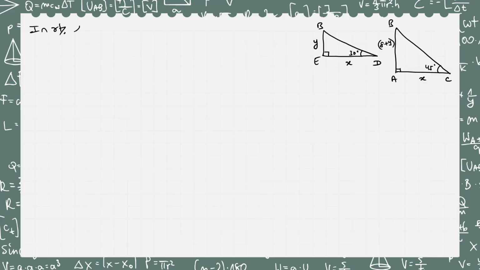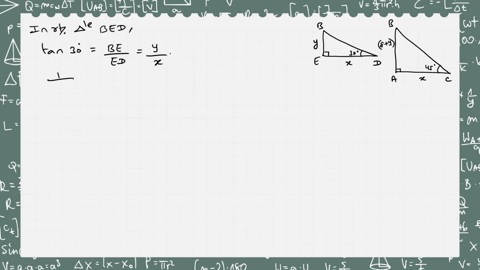In right triangle BED, I am going to apply tan only, because here also perpendicular and base are under discussion. So tan 30 degrees equals perpendicular, which is BE, over the base, which is ED. This is nothing but y and this is x.